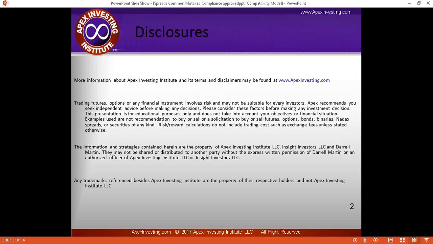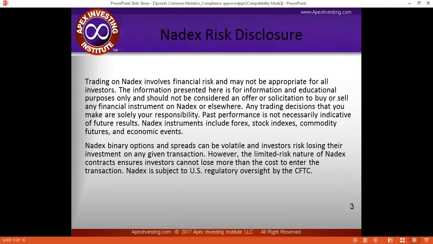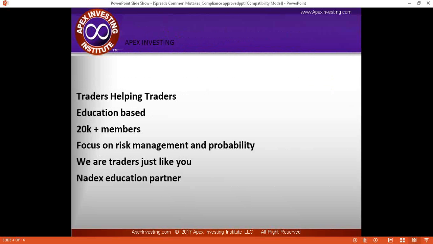So keep in mind, any example of a trade that I show you today or any trades we might enter on the demo platform here, it's strictly just an example as I'm going through and teaching you these common misconceptions and mistakes. Just an example of entering an order, showing you how to use the Nadex platform and how to use the Nadex tickets. It's in no way a trade recommendation or advice, just simply for informational and educational purposes only. And as always, past performance not indicative of future results.